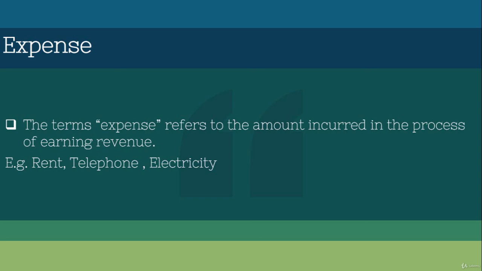You can say the rent, telephone, electricity, salary, and insurance. If we insure our company, we have to pay, and also sometimes we have to pay interest. So those things are called expenses.